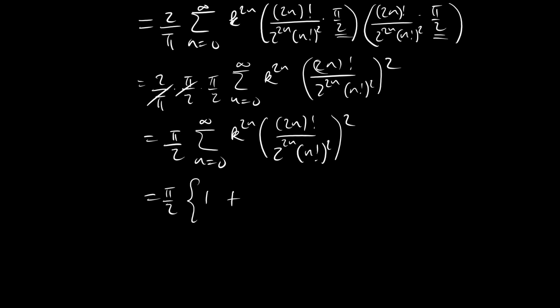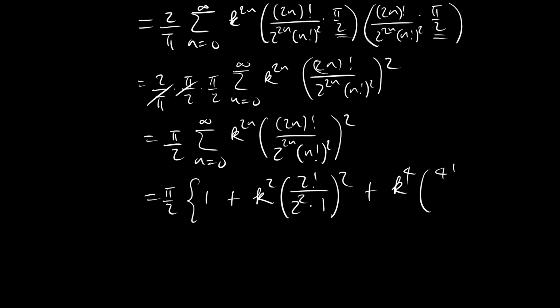But then when k equals 1, we have 2 factorial up here. We have 2 to the power 2. We have 1 factorial squared, which is just 1, squared, plus k to the power of 4 when n equals 2. And we have 4 factorial up here, and then we have 2 to the power of 4, and here we have 2 factorial squared, and so on and so on.